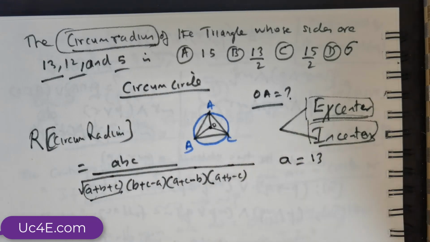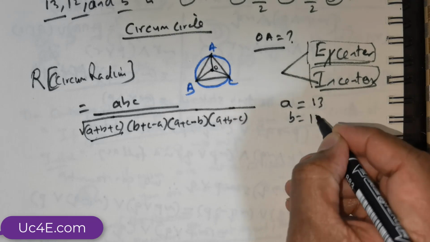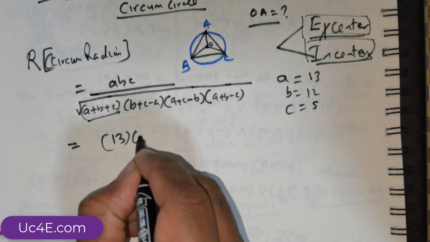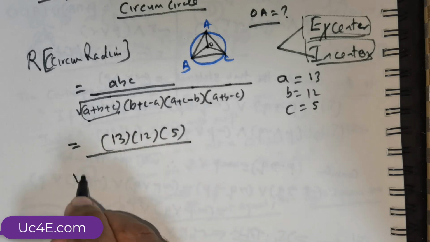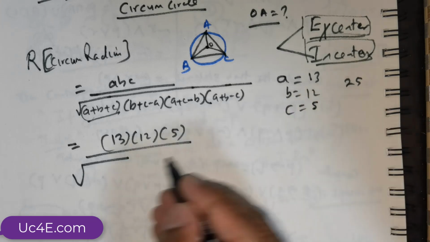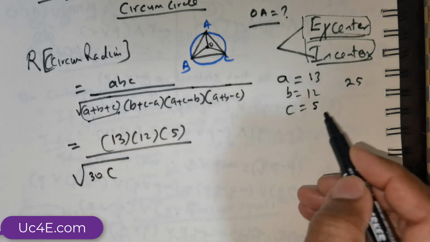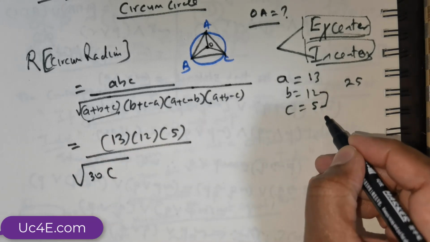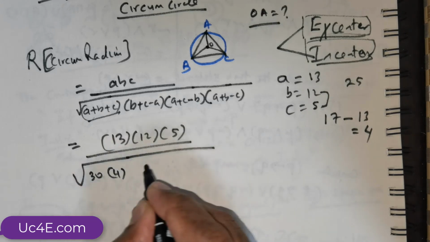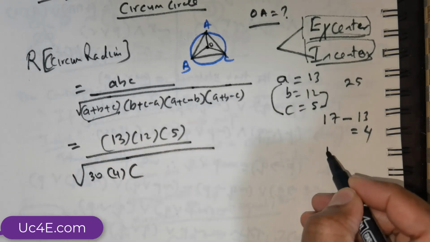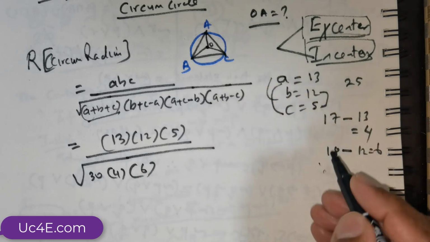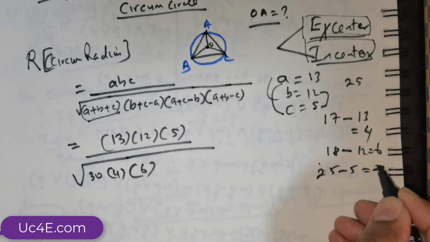So if I take A equal to 13, B equal to 12 and C equal to 5, then this formula can be rewritten as 13 into 12 into 5 divided by root of 13 added with 12, that's 25, added with 5, that's 30, times 12 added with 5, that's 17, minus A, that's 4, times A added with C, that's 18, minus B, that's 6, and then A added with B, that's 25, minus C, that's 20.